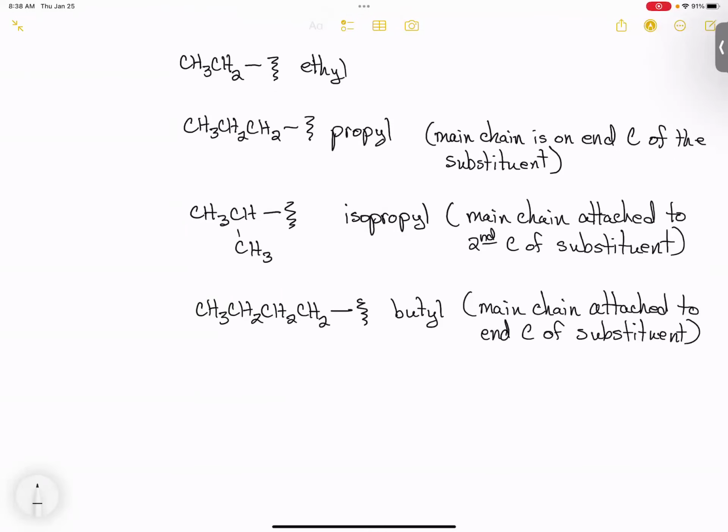The next one has the main chain attached to the second carbon. And this is called sec-butyl.